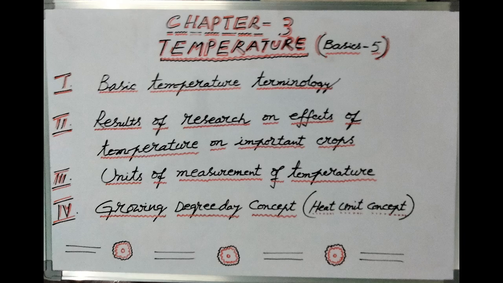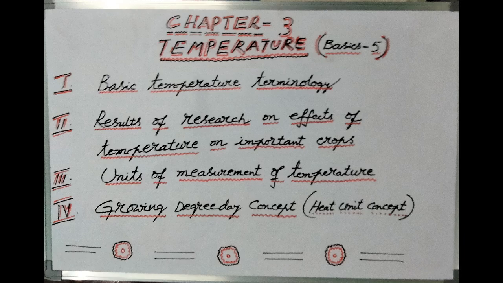Now, there are 3 very interesting things: ground heat flux, sensible heat flux, latent heat flux. In the radiation balance, these 3 are there. The solar radiant energy used in heating the ground is known as ground heat flux. The solar radiant energy used in heating the air is known as sensible heat flux.